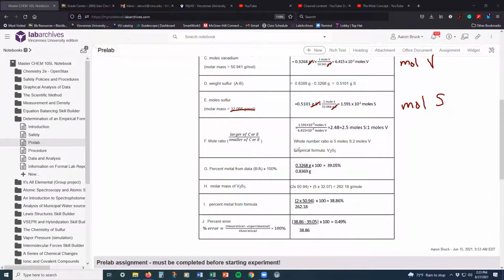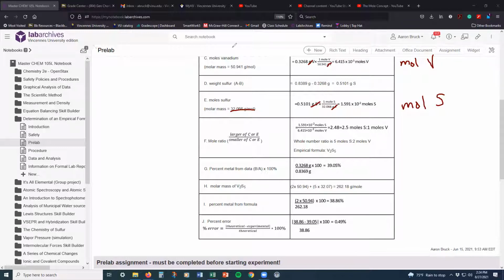To turn this into a chemical formula, we're going to need to take these decimal values here and turn them into whole numbers. The way we do that is we always divide both of these numbers by the smaller of the 2.